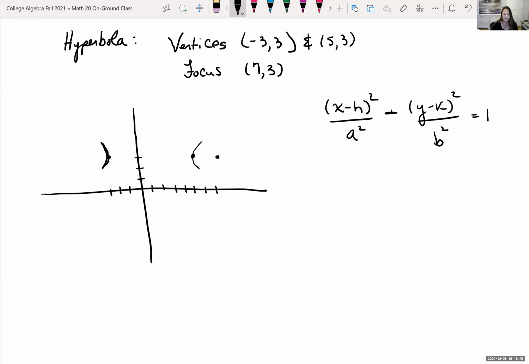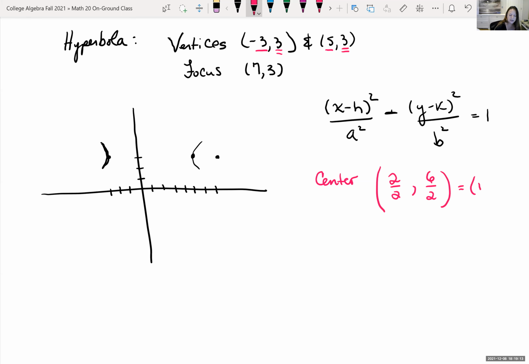We need to figure out what the center is. And we know that the center is the midpoint between those two vertices. So we can sum the x values and divide by 2. So -3 plus 5 is 2, divided by 2, comma, and then 3 plus 3 is 6, divided by 2.